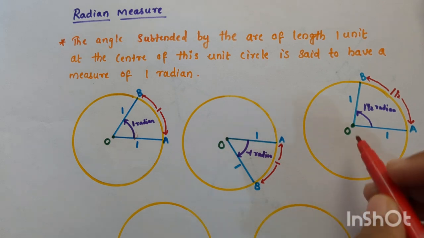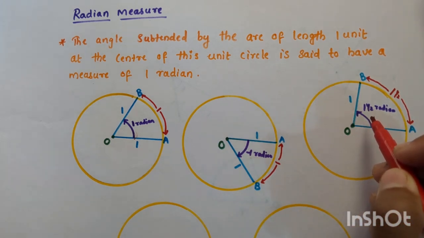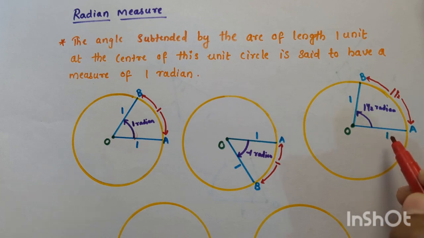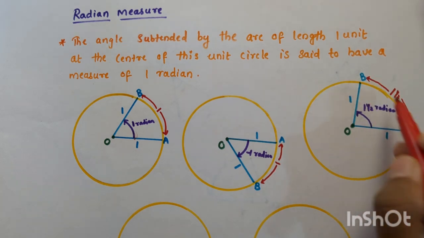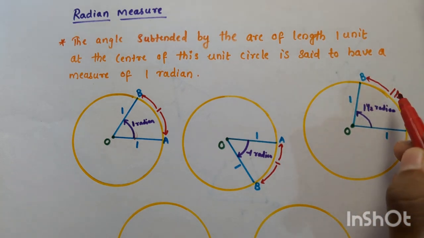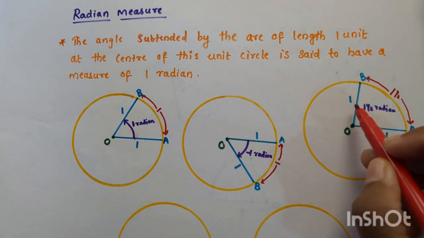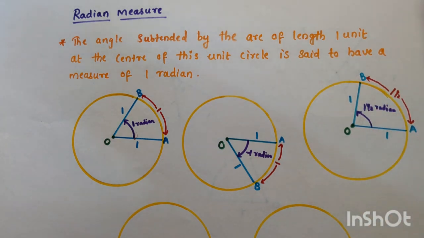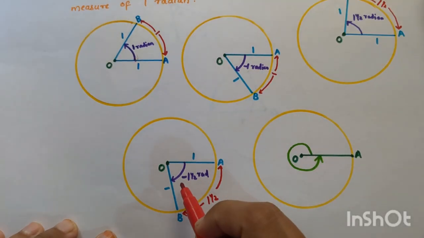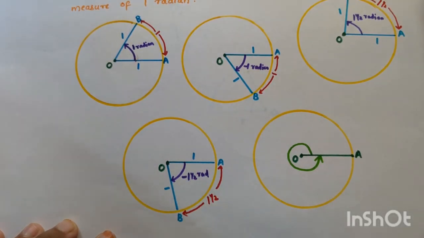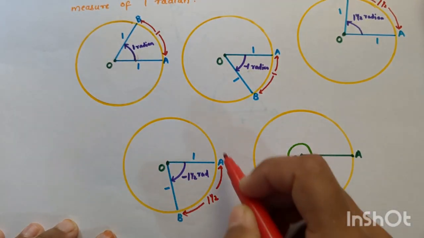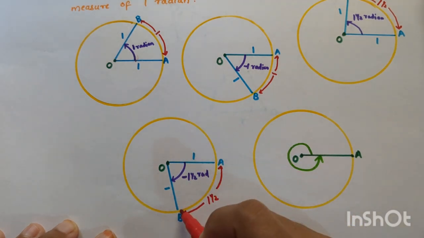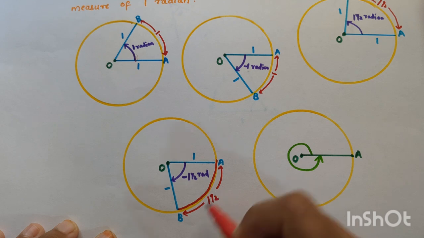Similarly, you see, this is how we represent 1.5 radian, because we are considering a unit circle of radius 1 unit, then an arc length of 1.5 unit, and the angle subtended by this arc will be 1.5 radian. Similarly, minus 1.5 radian will be represented like this: we consider a unit circle of radius 1 unit, and an arc of length 1.5 unit.